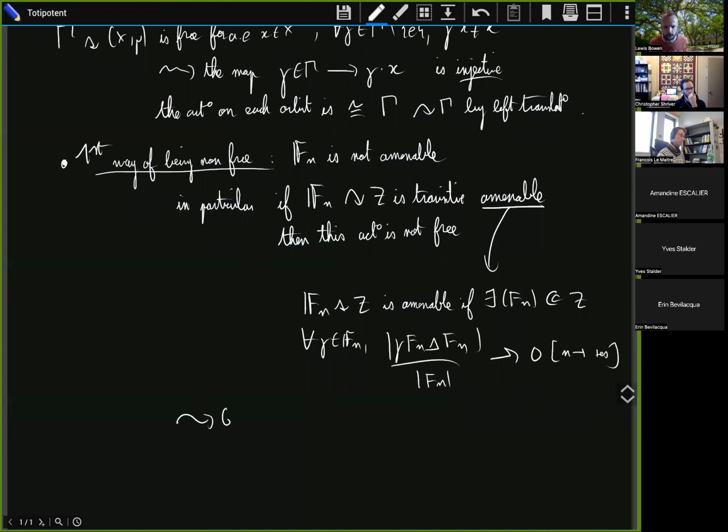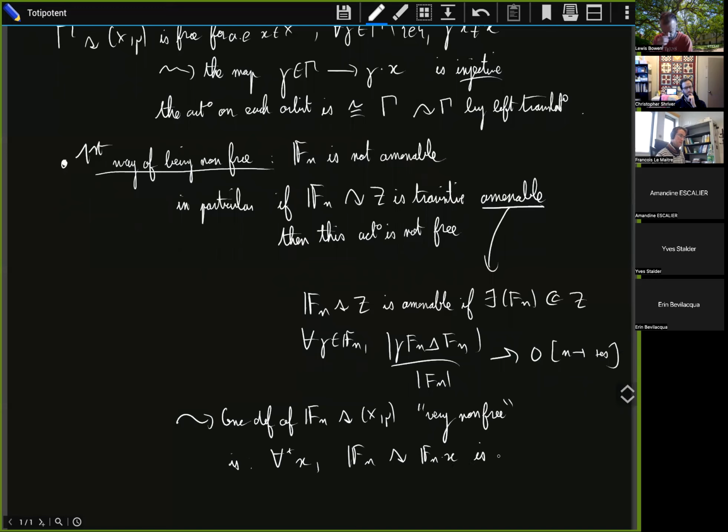So one definition of Fn acting on X, mu, let's say very non-free, is: for almost every x, the action of Fn on the orbit of x is amenable.